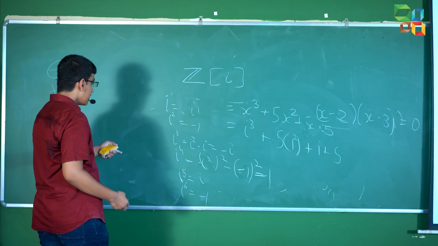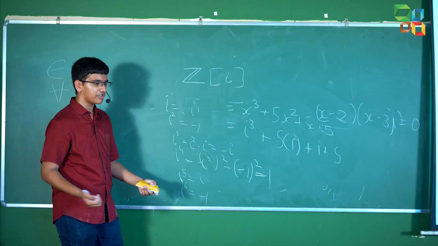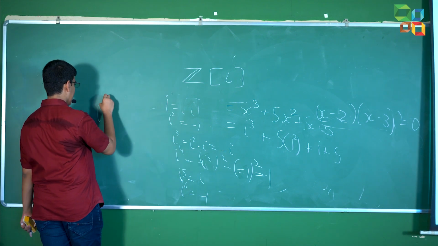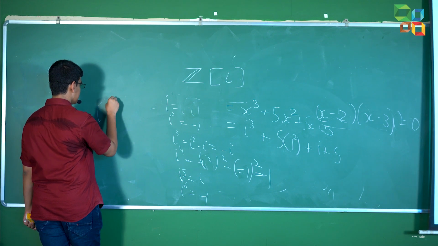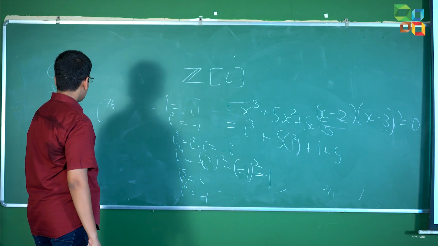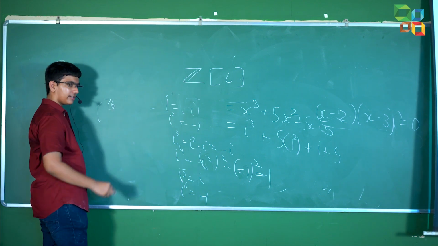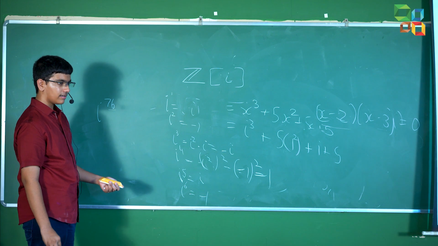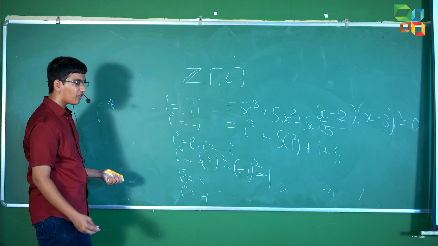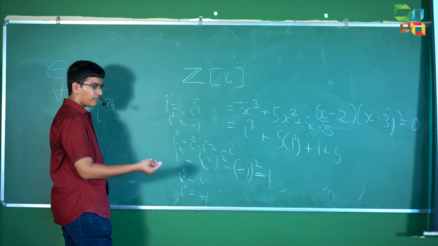So what you have to do essentially to find any power of i is, let's say you're given something random, i to the power 76. You look at 76, find its remainder when you divide it by 4. In this case, it's 0, or 4, like 0 is 4 in this case.